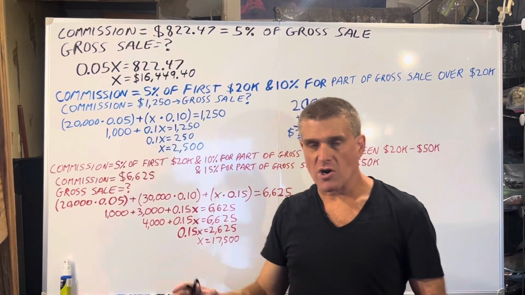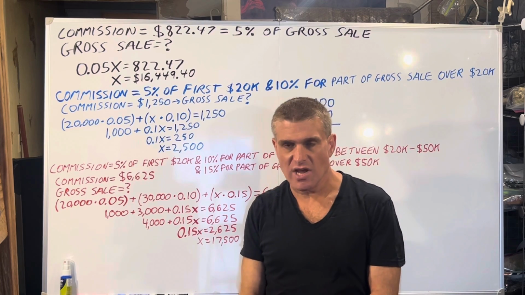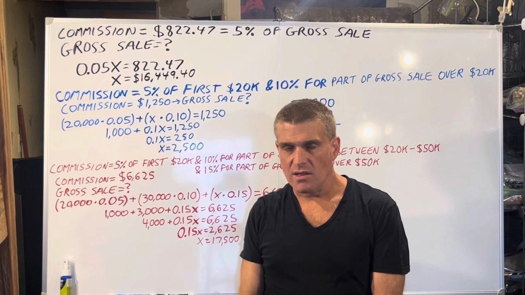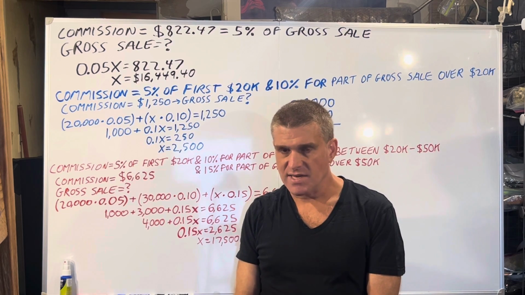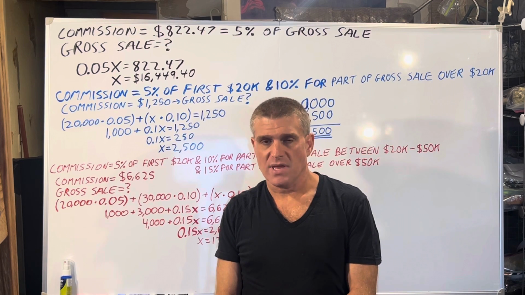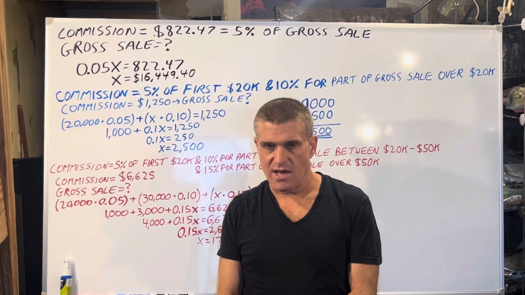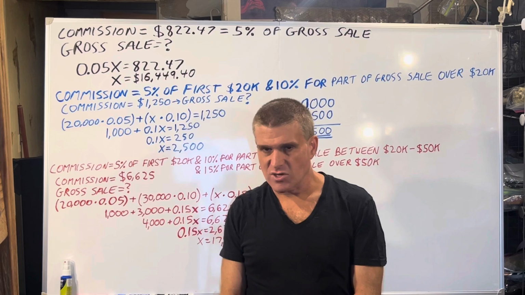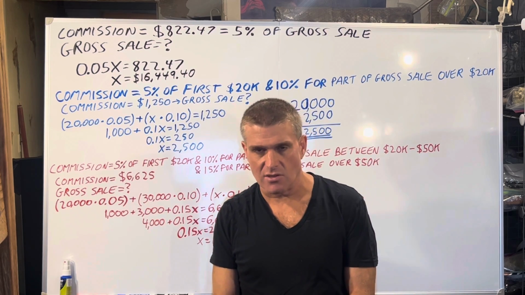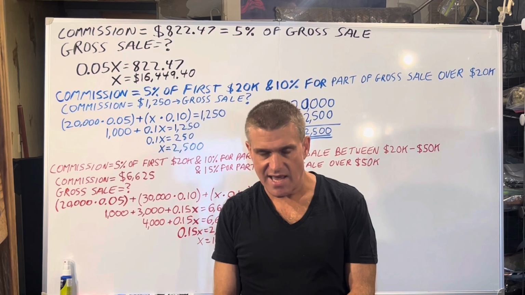There's going to be two parts that make up this commission check. One part will be what part of the gross sale got 5%, which will be the first $20,000. The second part will be what part of the sale was the 10% commission, which was anything over $20,000 as part of the gross sale.